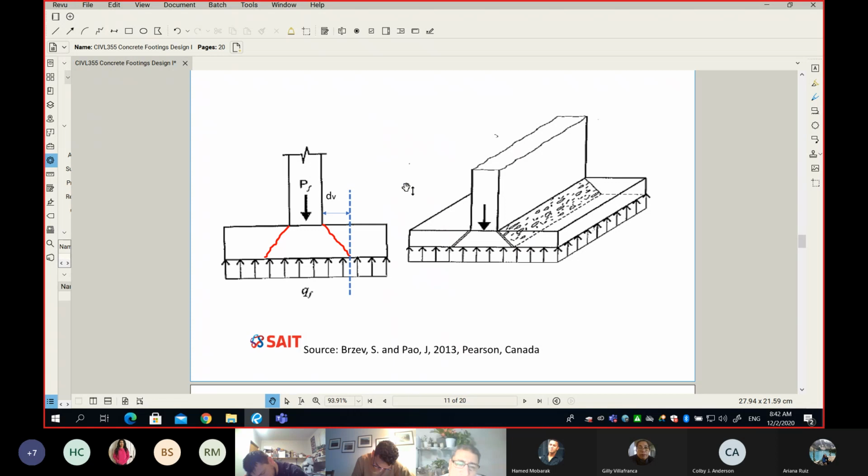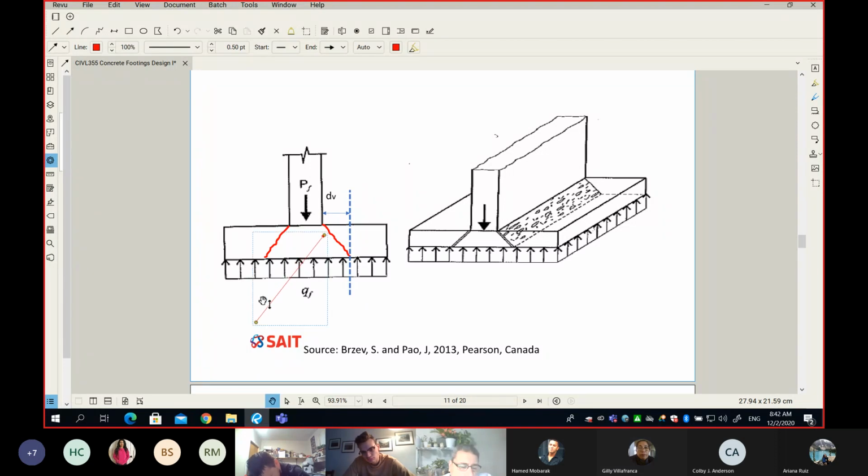Do you guys remember where the critical section was in a one-way slab? When we designed a beam in shear, where was the critical section? If you remember, we go from the face of our column by a distance called dv, because this angle here is about 45 degrees, the angle of the crack.